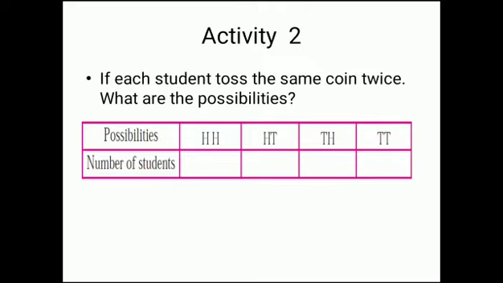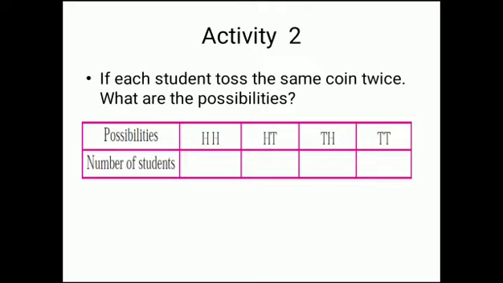So, the number of students getting heads in both the tosses can be written in the first column. Now, a student can get head in the first toss and tail in the second toss, which is represented by HT. So, this number will be written in the second column.